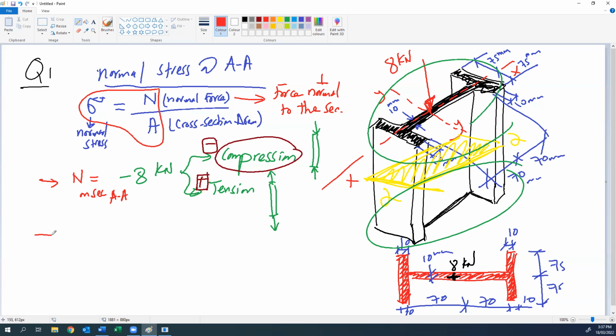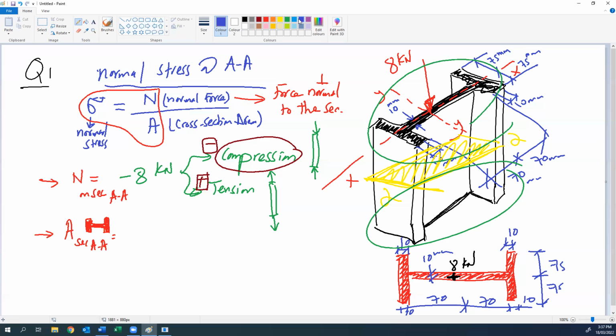The second step is to know the cross section area of section AA. What is the cross section area of AA? The cross section area at AA is the cross section area of the I section. So if you calculate the area of the I section, you get the cross section area. How can we determine the cross section area of this I beam? Can you help me with that?